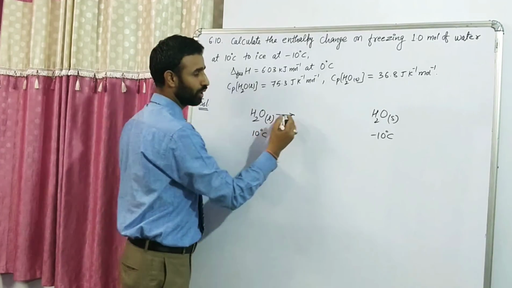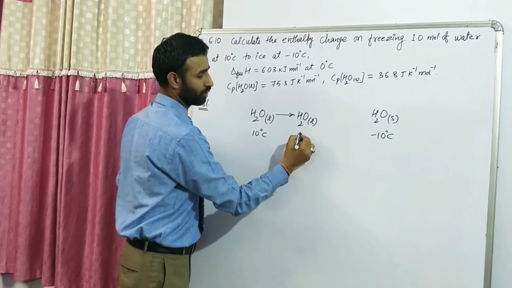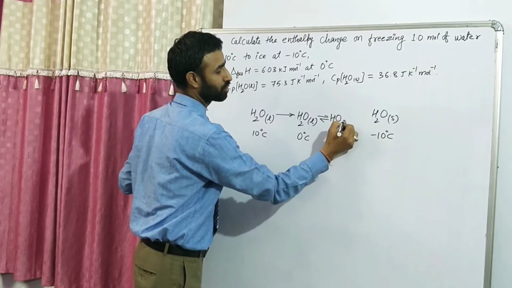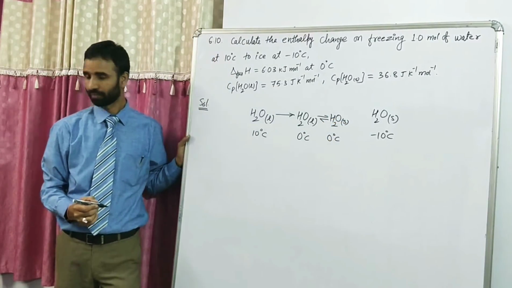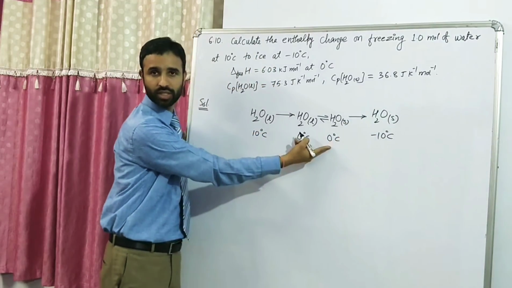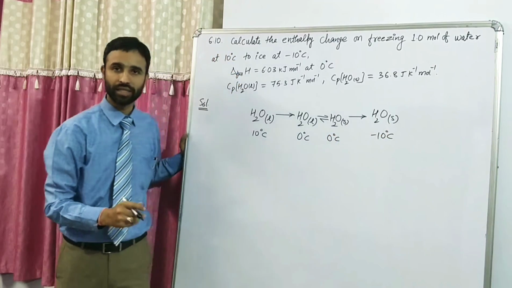So H2O liquid at 0 degrees Celsius is in equilibrium with H2O solid at the same temperature, and then H2O solid at 0 degrees Celsius to H2O solid at minus 10 degrees Celsius.